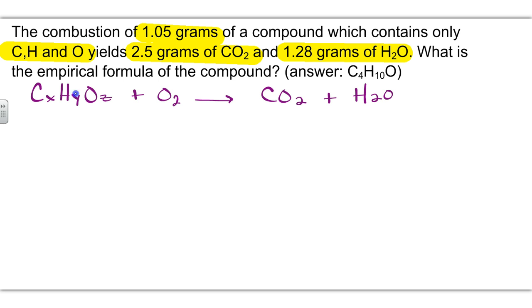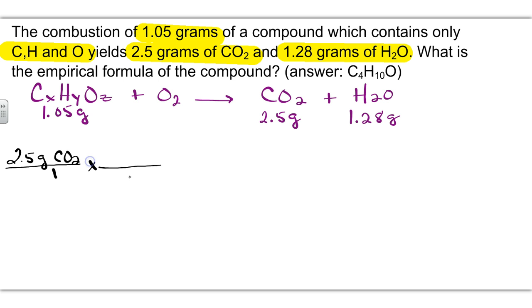We are given 1.05 grams of this compound, 2.5 grams of carbon dioxide, and 1.28 grams of water. So we'll start with step 1, where we're going to take 2.5 grams of CO2, put it over 1, and bring down the grams of CO2.